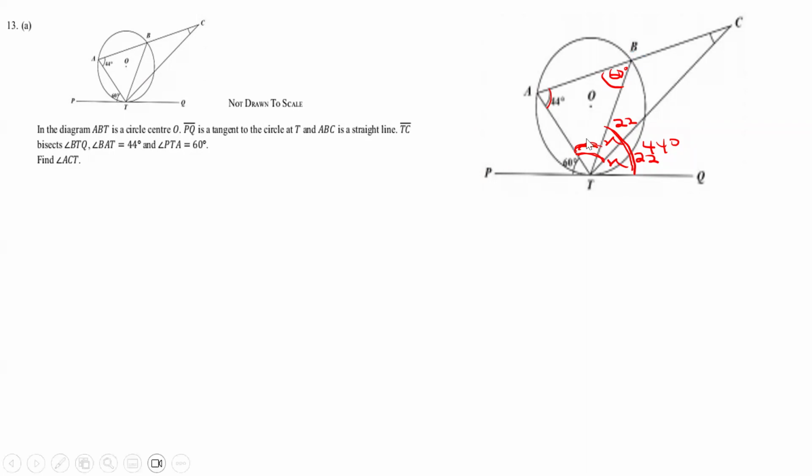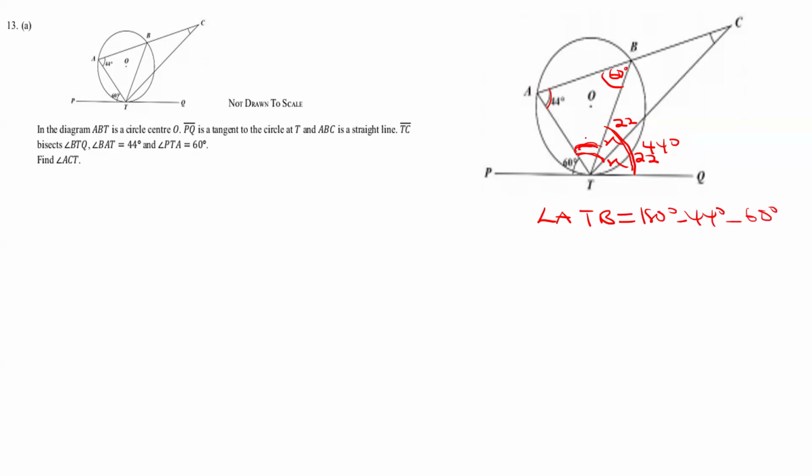Yes, please. Okay, so angle ATB, or BTA, will be equal to 180 degrees minus 44 degrees, then minus 60 degrees. Is that clear? Angles in a triangle.